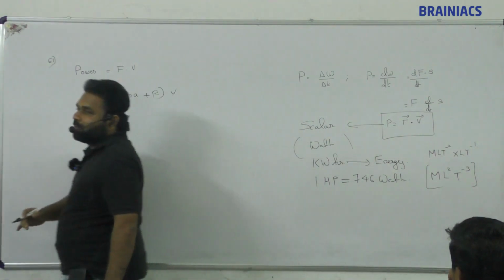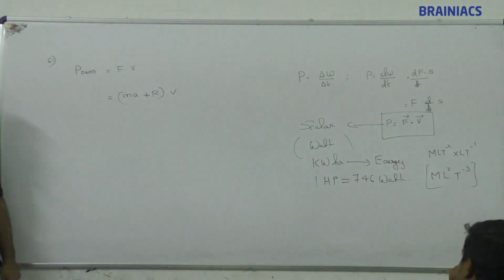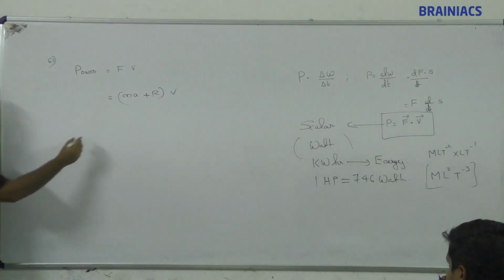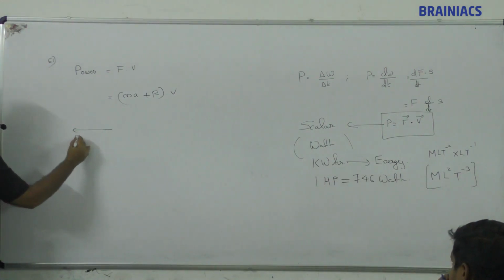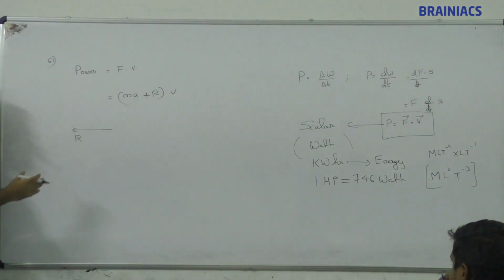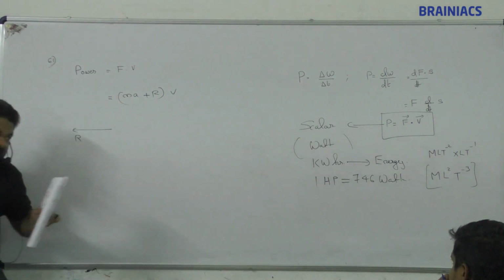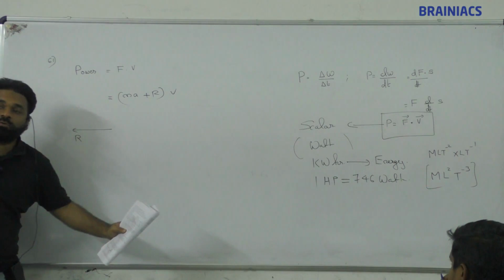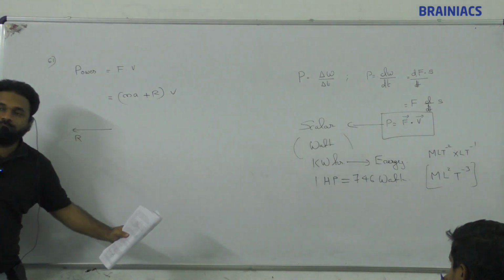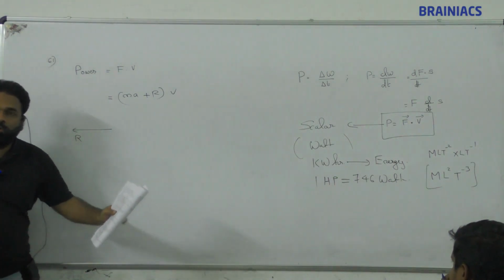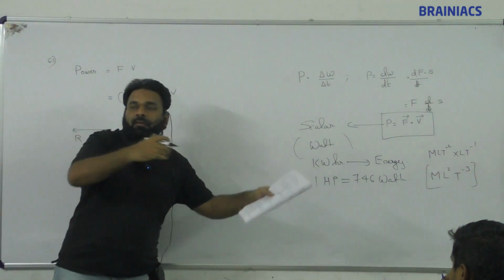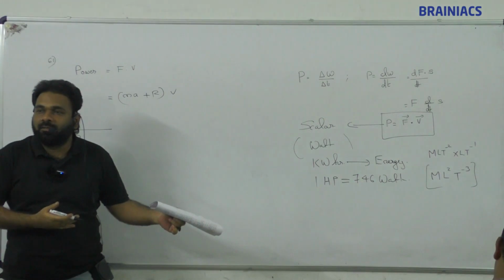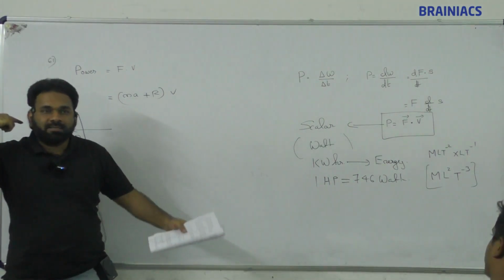Okay. So the engine should work against whom? The engine should do a load of work against R. What is also there? A bag is also there on the top of the car, mass MA. This bag wants to go with the acceleration a. Who will have to carry this? The car.